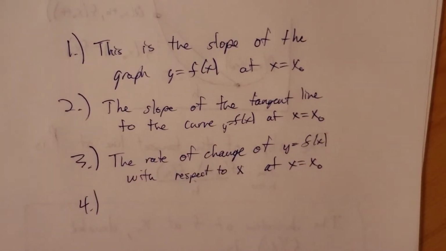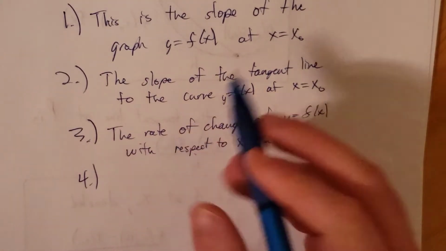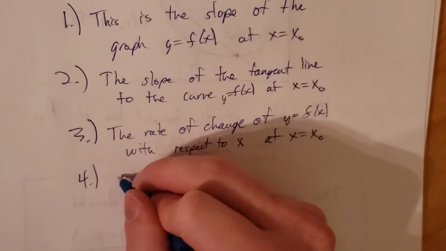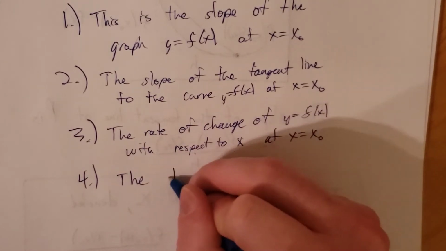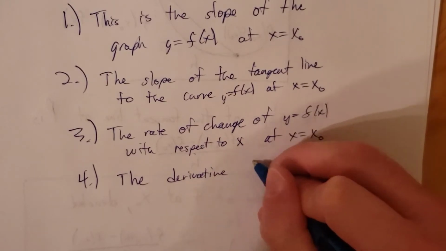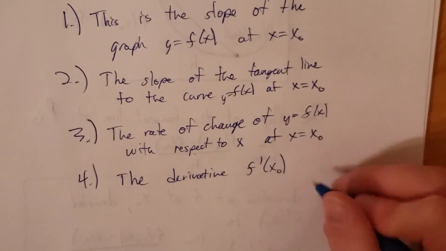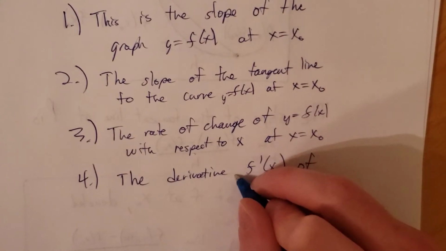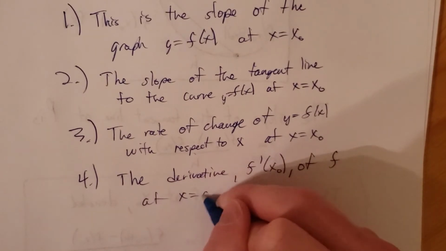And our fourth way to interpret this previous statement is that it is the derivative, denoted by f prime of x naught, of f at x equals x naught.